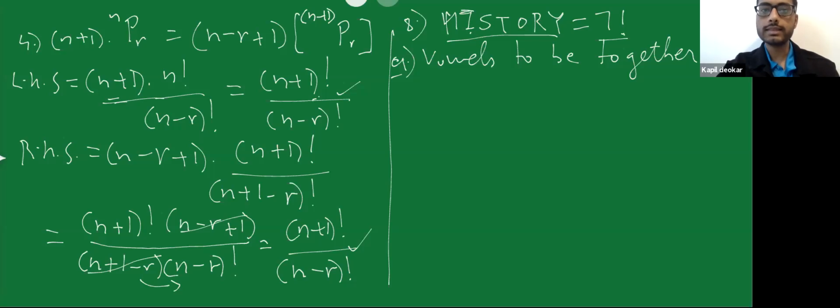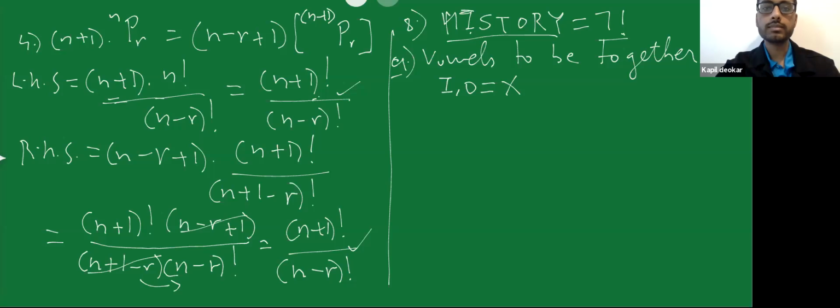Whenever condition is given that 2 things should be together, consider them as one unit. So which are the vowels over here? I and O. I want the vowels to be together.